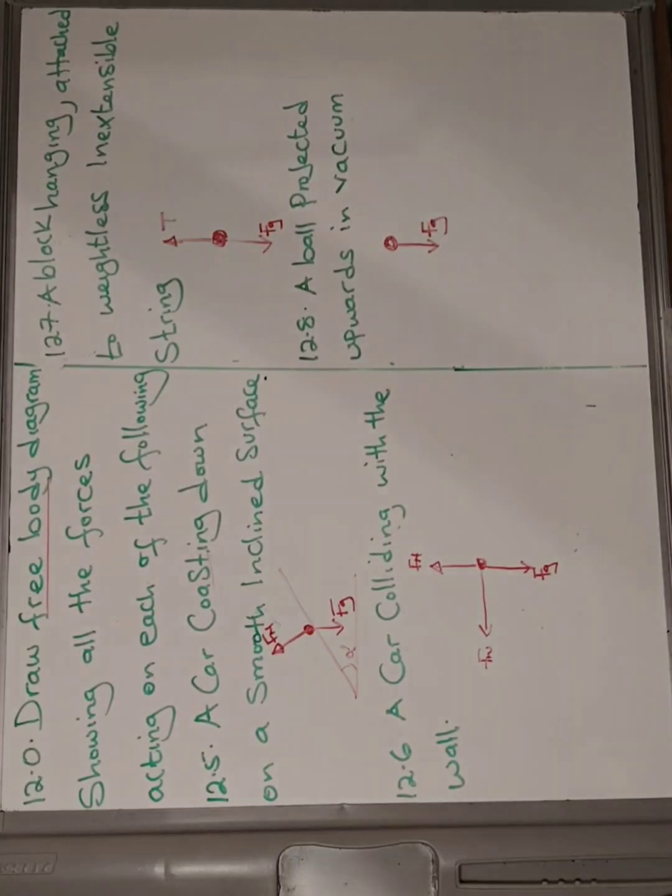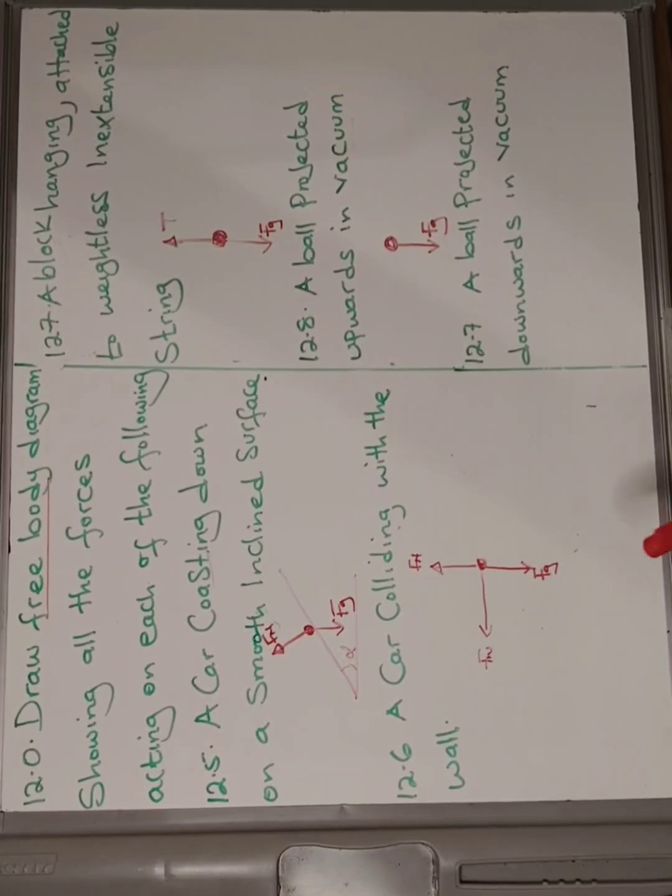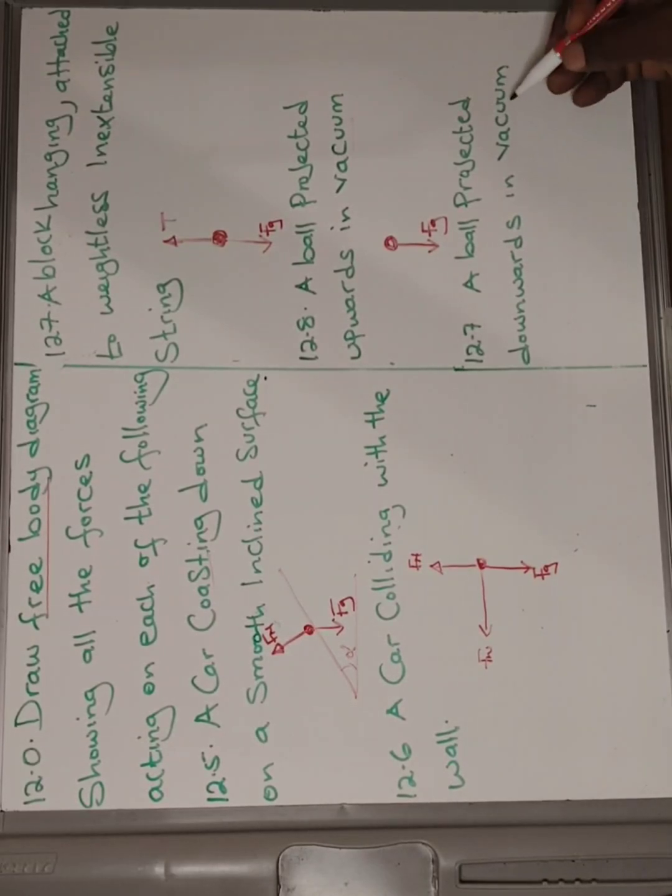Then lastly, we'll have this one. What do we need? A free body diagram showing all forces on a ball which is projected downwards in the vacuum. Like I said before, vacuum implies that there's no air friction.